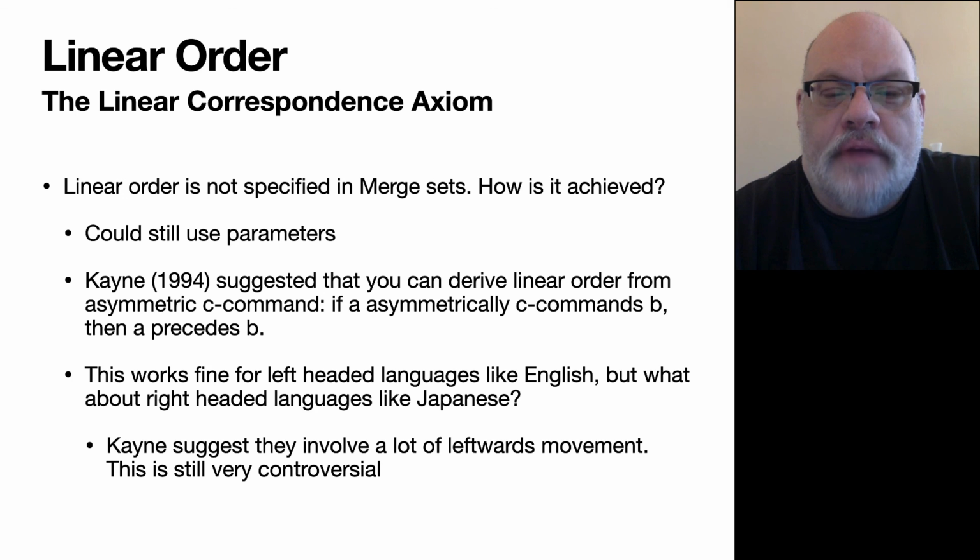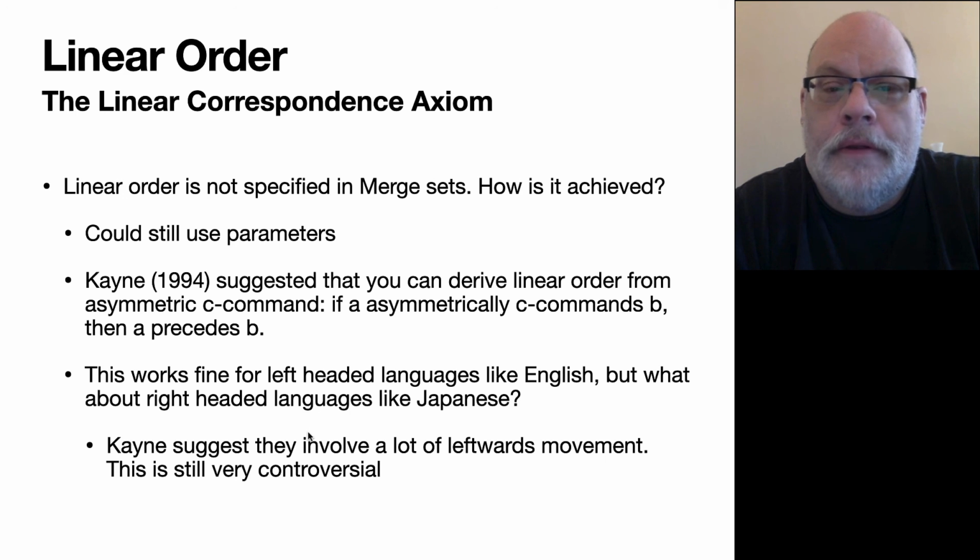Another problem with the LCA is languages like Japanese that put their heads on the right and the complements to the left. They have the same c-command relationships that English does. So why aren't these languages ordered the way English is? Kayne has suggested that languages like Japanese involve a lot of leftward movement.